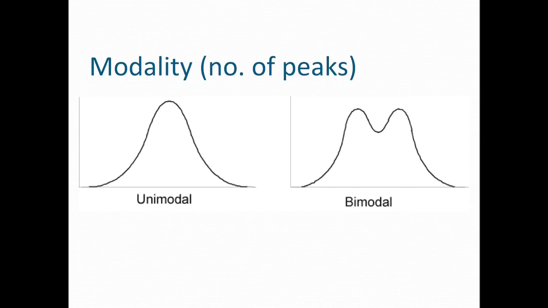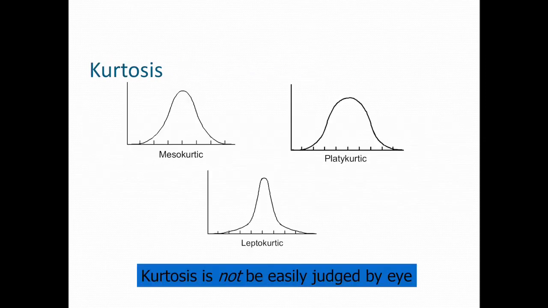Modality is the number of peaks. The number of peaks a graph has: unimodal is one peak, bimodal is two peaks. And then we have kurtosis. Kurtosis, once again, is kind of judging the outliers in the tail. So we have a mesokurtic at the top left here, and that is what we would consider more of a bell-shaped curve, a normal curve, where everything's evenly distributed.